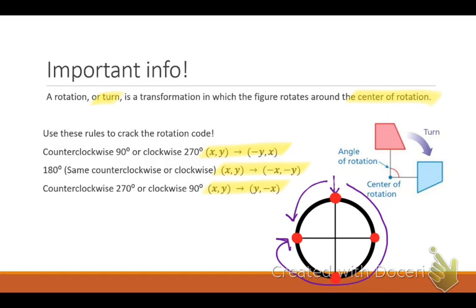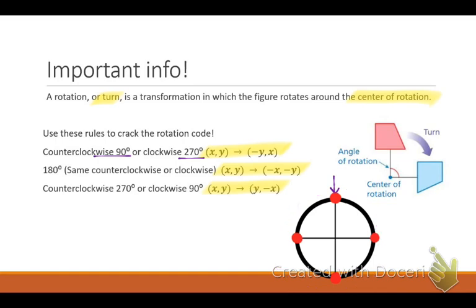This is not make or break if you don't understand or can't visualize this, but basically what I'm trying to explain is why counterclockwise 90 and clockwise 270 have the same ordered pair combination, okay? So on the flip side, if I'm trying to rotate this point clockwise 90 degrees, that's the same thing as going counterclockwise 270 degrees around the other way.